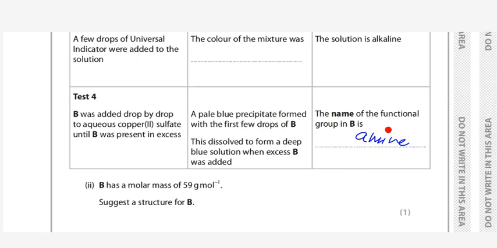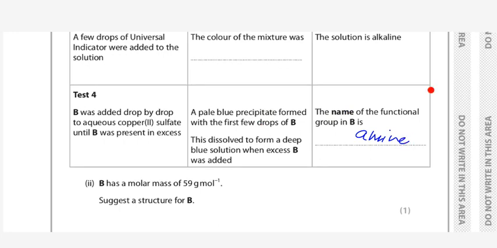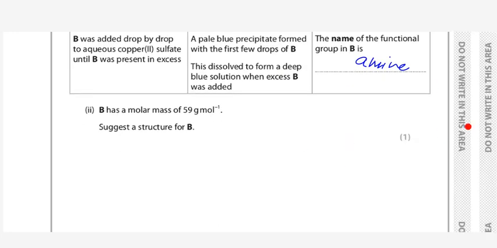So when you add copper sulfate, you get a blue precipitate of copper(II) hydroxide, and in excess, it dissolves to form a deep blue solution, the tetraamminecopper(II) complex. B has a molar mass of 59. Give the structure for B. So NH2 is 14 plus 2, that is 16. So you can now put some CH2 groups.